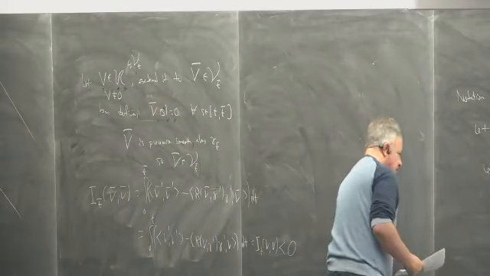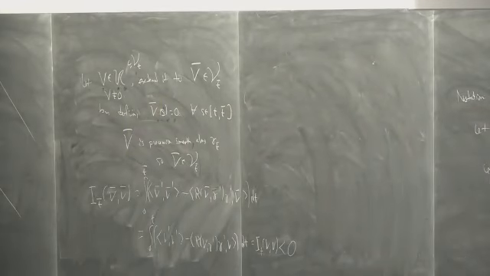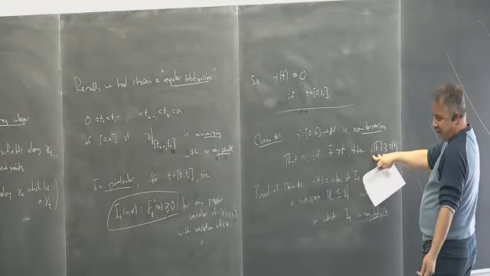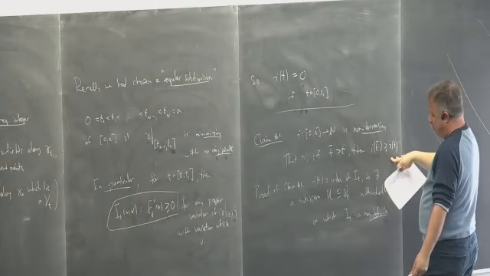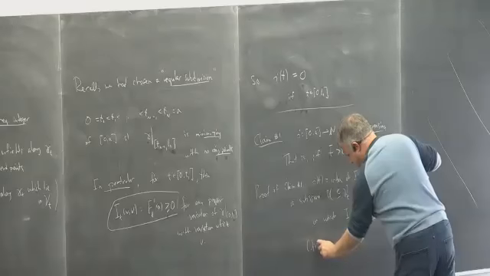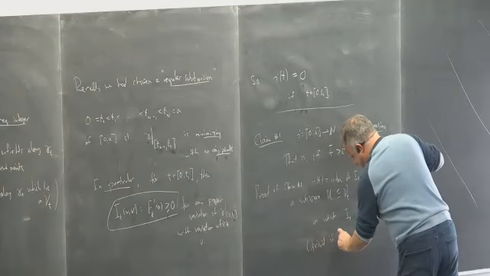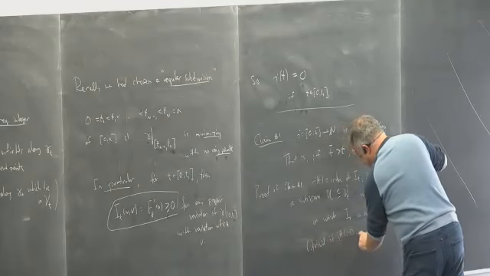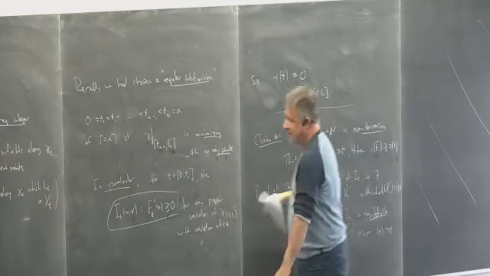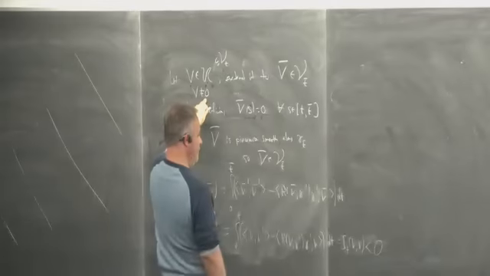What do I want to prove? I want to prove that I of t bar is at least I of t. Well, if I of t was 0, then this is definitely true. So this is trivial if I of t is 0. So assume I of t is positive, it's integer valued. That means this space U is not 0, so there is something non-zero in there.